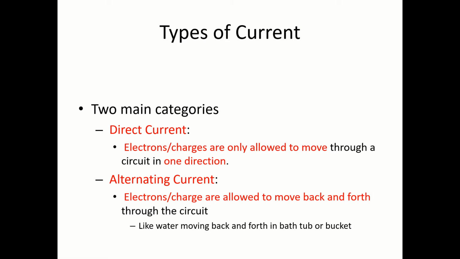So direct current is the one person doing 4 laps all by themselves. Alternating current is 4 people, each running 1 lap, passing the baton off in between. The baton makes 4 laps, but each individual person, each individual electron does not need to make the full 4 laps. This is the best analogy I can come up with for direct versus alternating current.